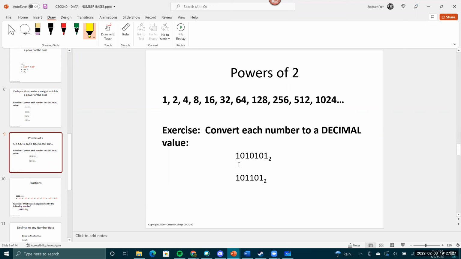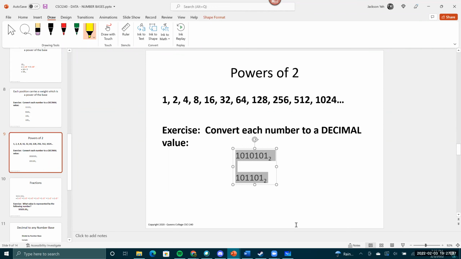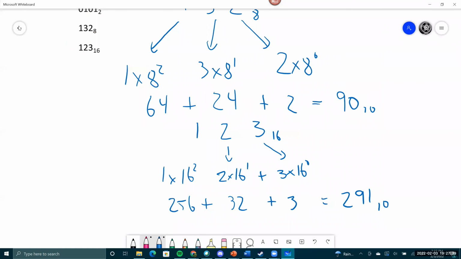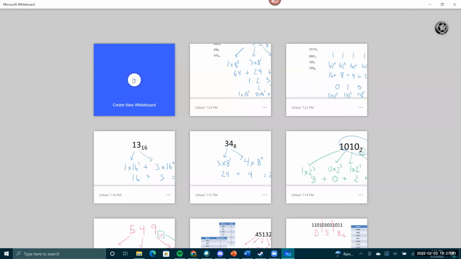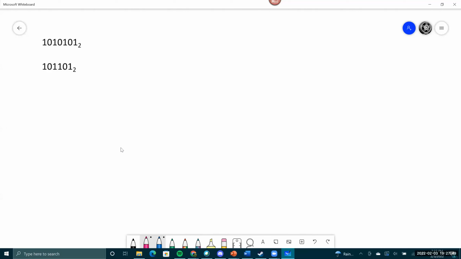Let's just say that using the powers of 2, let's do the first one. Using the powers of 2 method, this is how we would be able to do one of these problems. So see the first problem there.